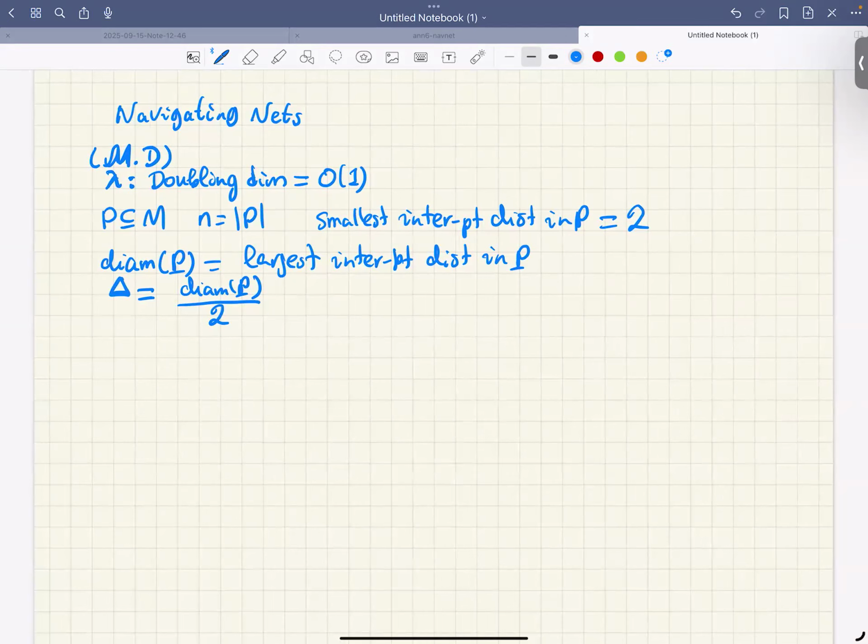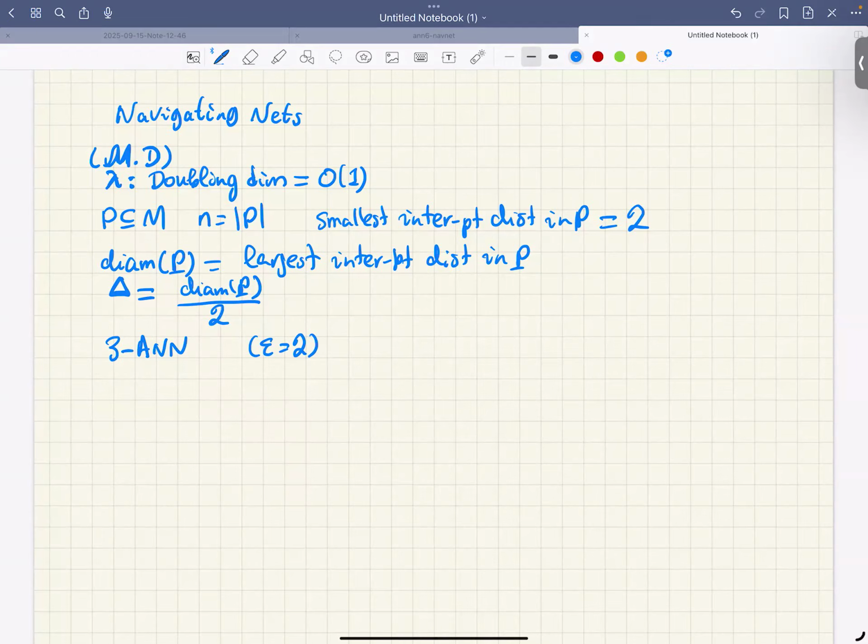So today I will talk about 3-ANN. In other words, if you want to relate this to (1+epsilon)-ANN, then essentially epsilon is 2. I would say this will allow you to see the underlying ideas of this navigating net.